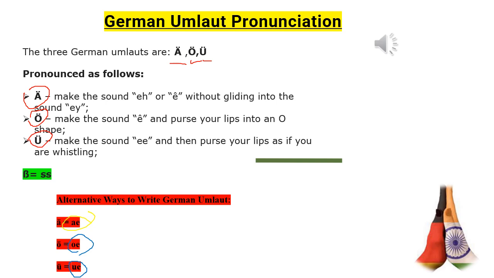Okay. Die Umlaute Ä, A, Ö, U, Ü. U. Once again. Die Umlaute Ä, A, Ö, U, Ü. U. Okay. You can follow the pattern like as it is said in the sentence.